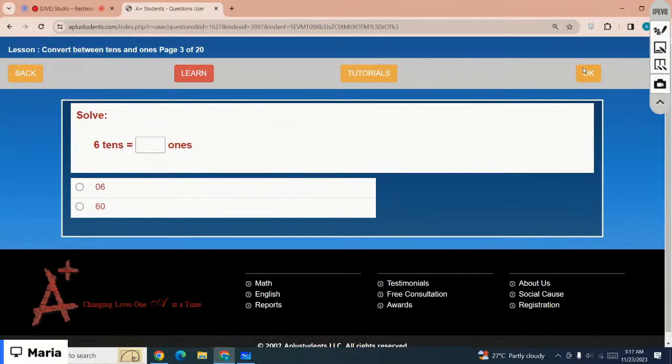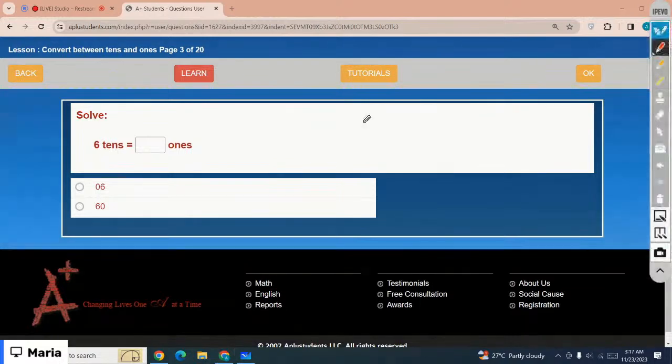6 tens means that is 60, right? You have counting from 1 up till 60, right? That means you have 60 ones. The correct option is 60 ones, right? The correct option is option number 2.